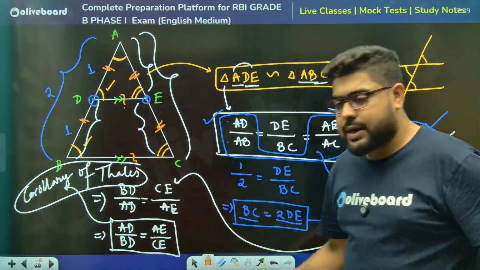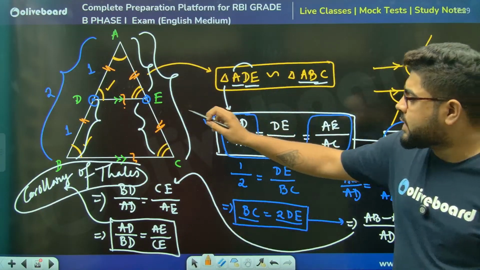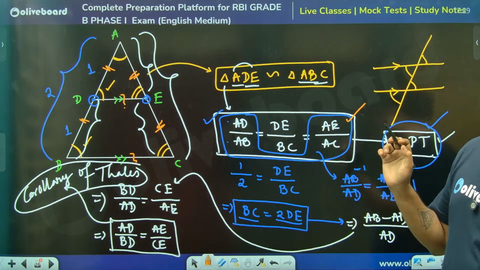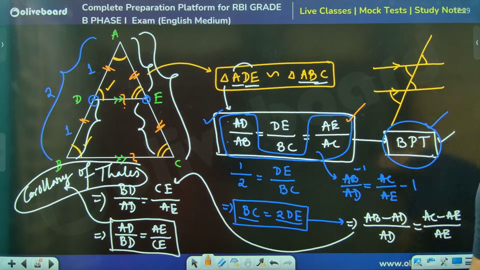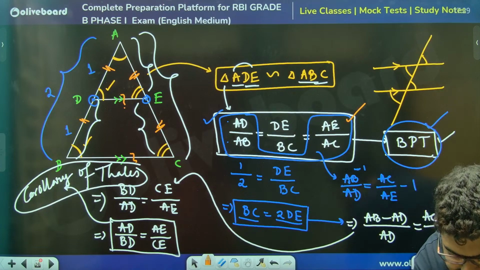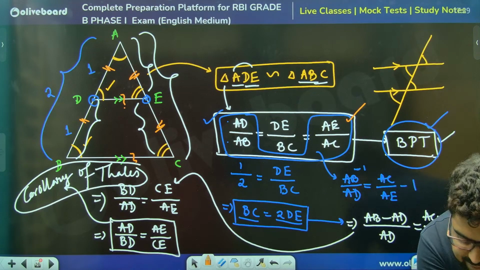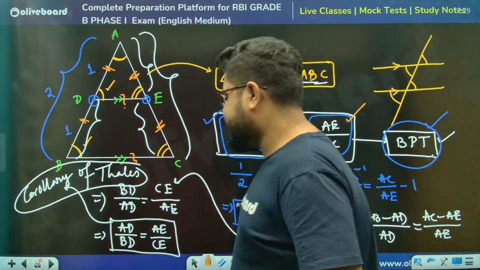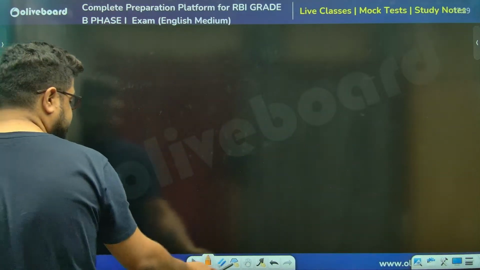If you want to conclude anything about the base, you must take the whole triangle. Perfect, sir. This is your Thales, modified Thales, everything. Now, last but not the least.